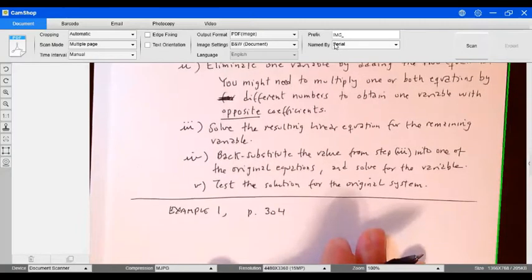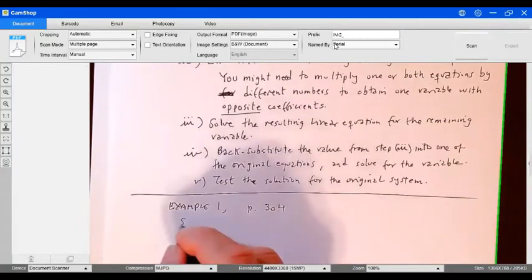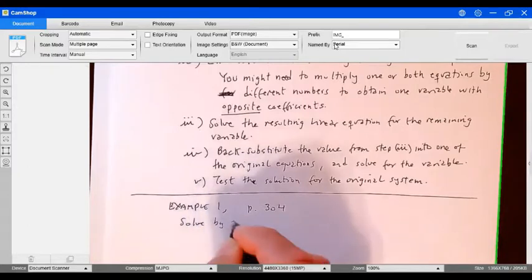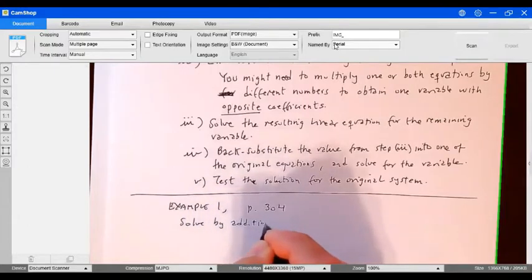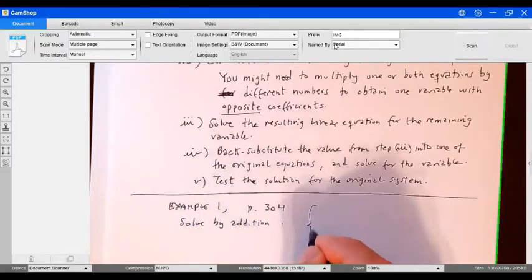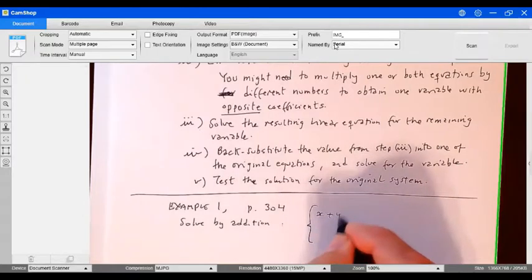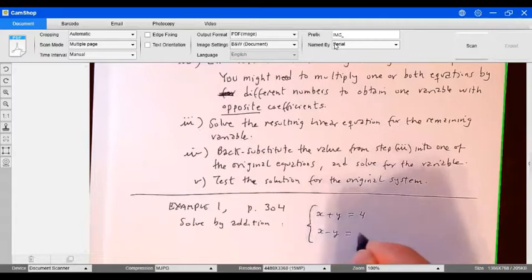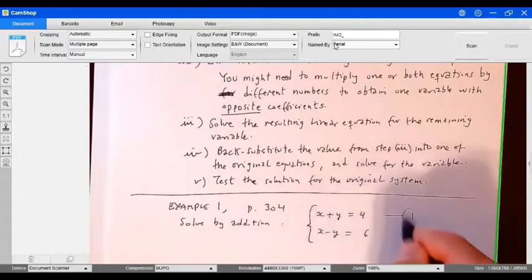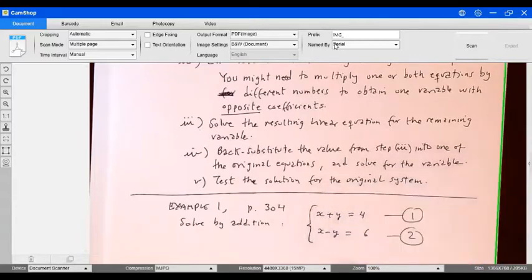304. I'm going to solve by addition the following system. So I have x plus y equals 4 and x minus y equals 6. So I have my equation 1, I have my equation 2.